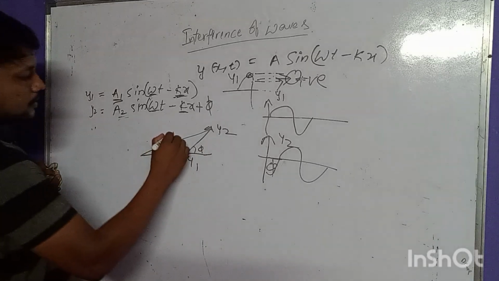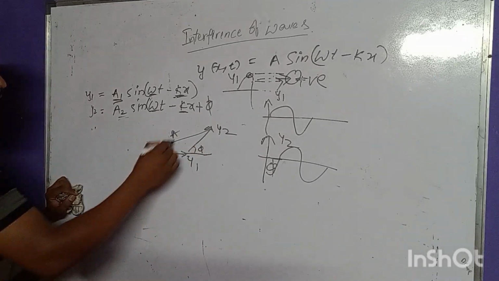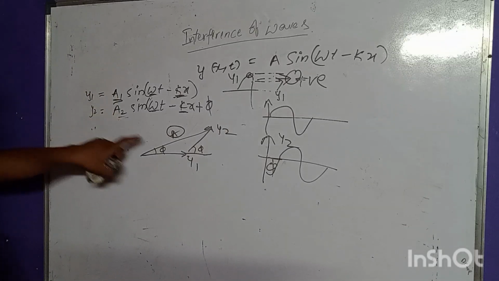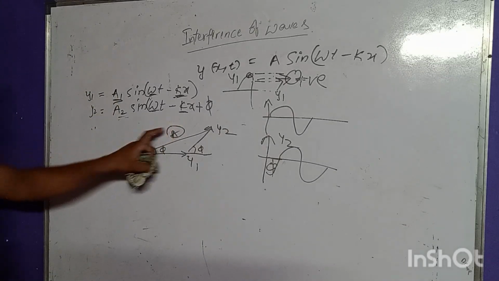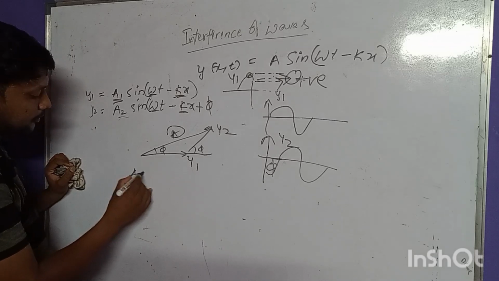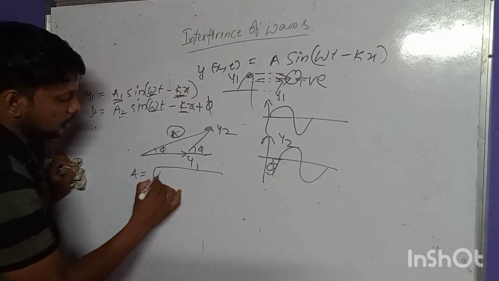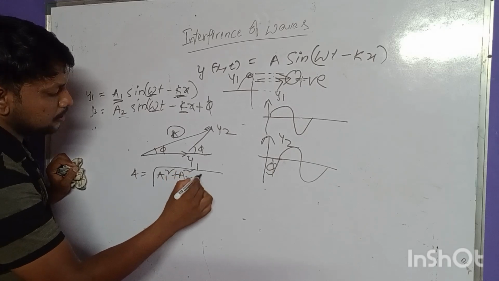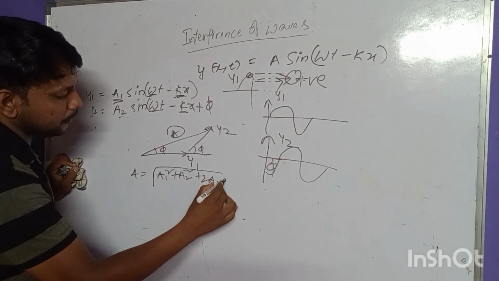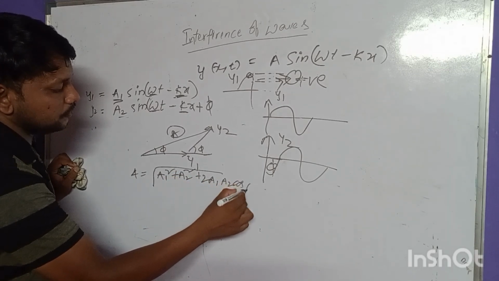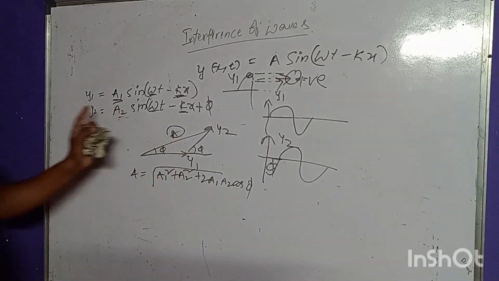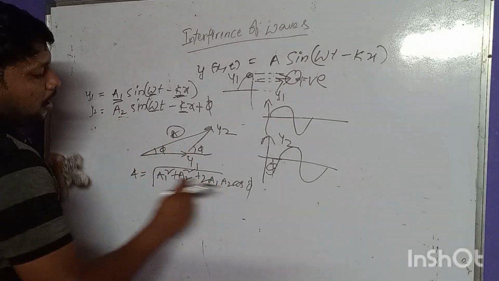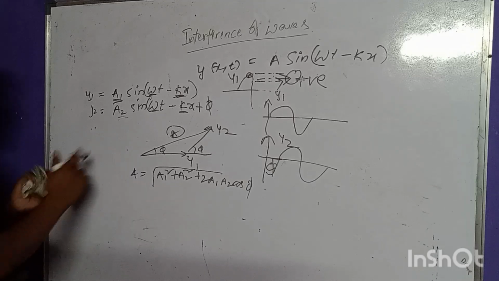Now this A net amplitude, by adding A1, A2, this is the A resultant amplitude. Resultant amplitude is equal to root over A1 square plus A2 square plus 2A1A2 cos of angle between two waves, right? This is the net amplitude.